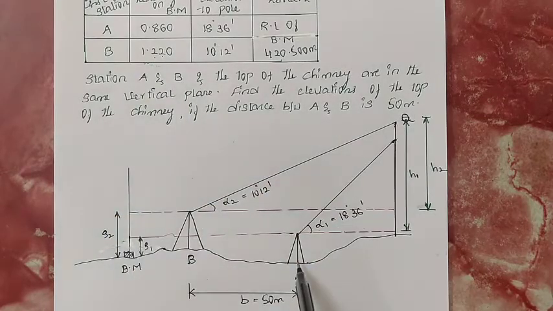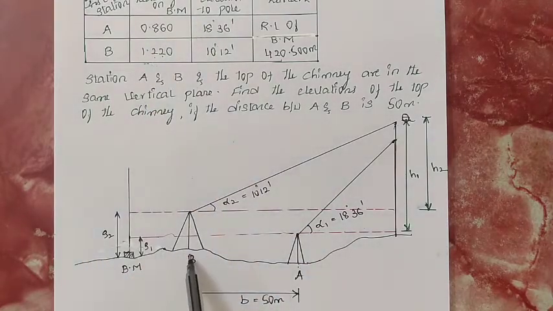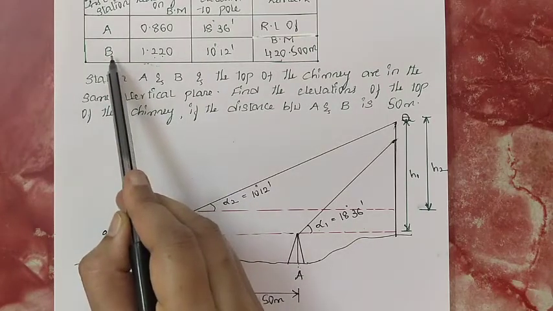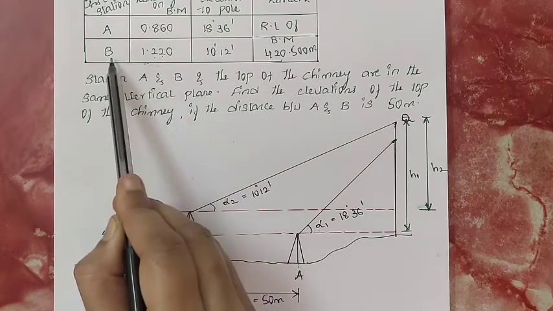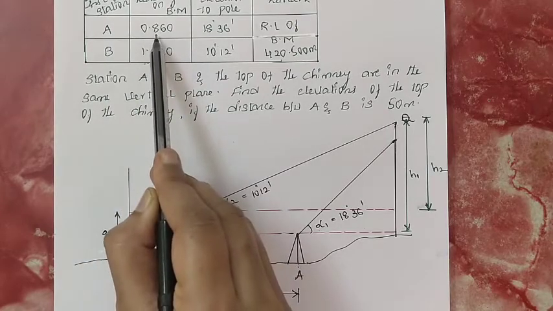You can make it out here. The instrument station B is higher than A depending upon the staff reading.